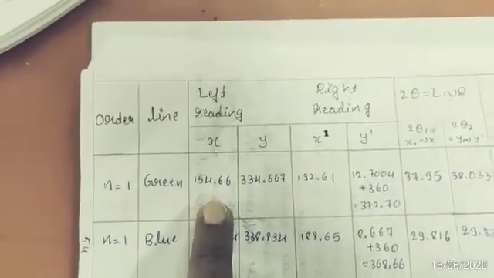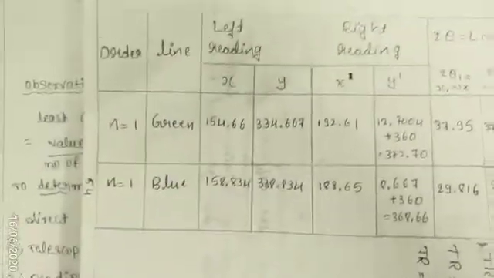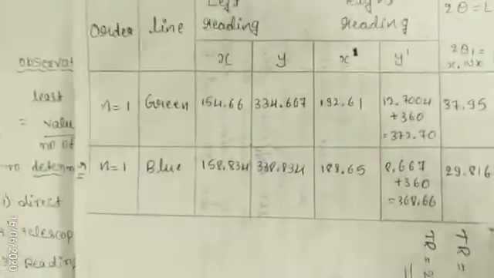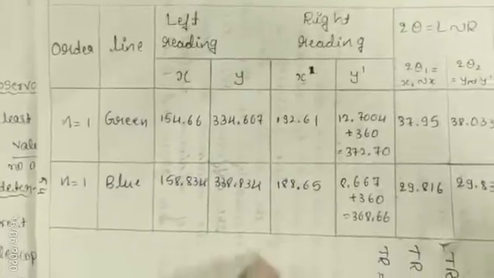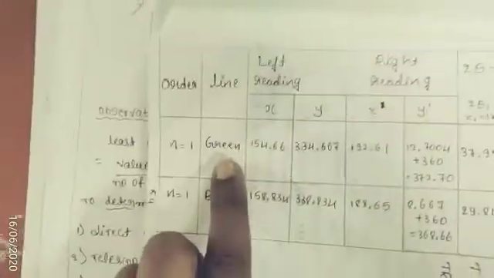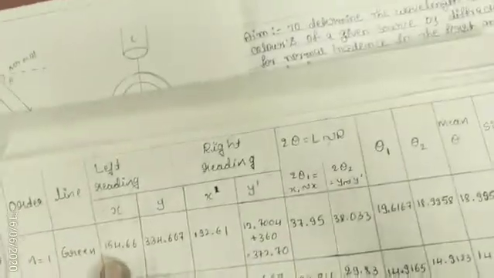Here I got X is equal to 154.66. Note down the reading of green line on left hand side.